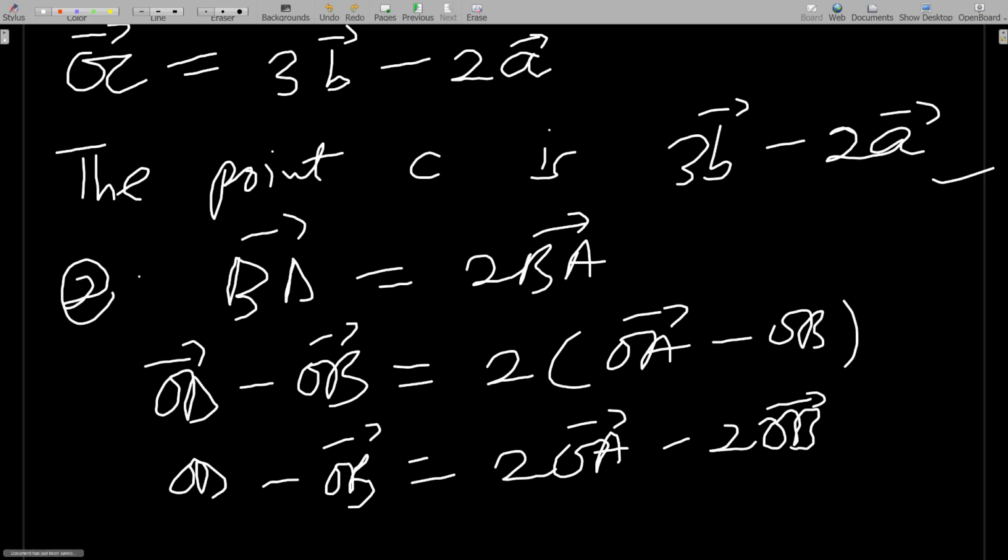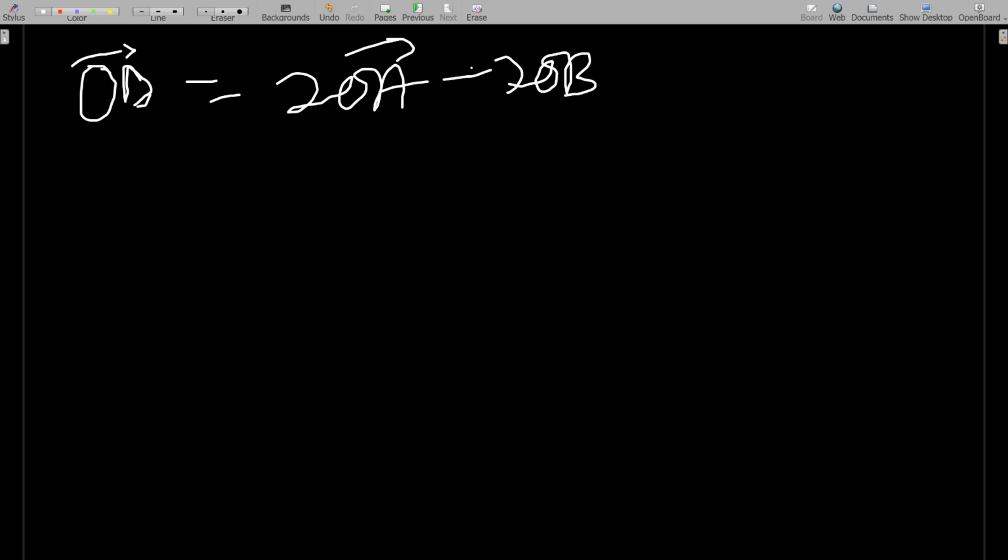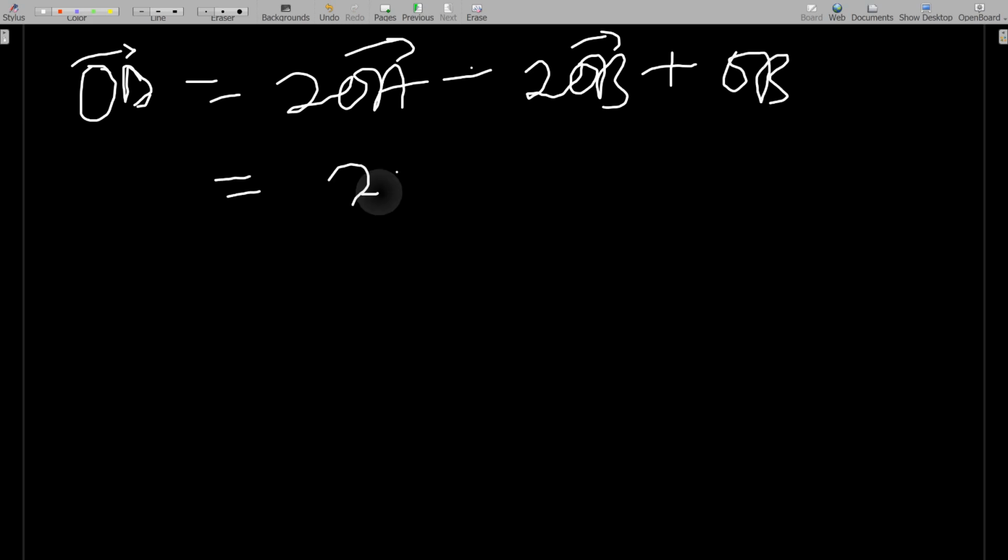If I do some grouping of like terms and keep only OD on the left side of the equation, then we'll have OD equal to 2OA minus 2OB plus OB.